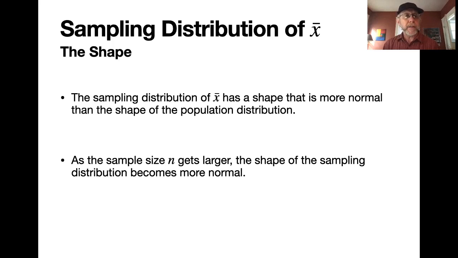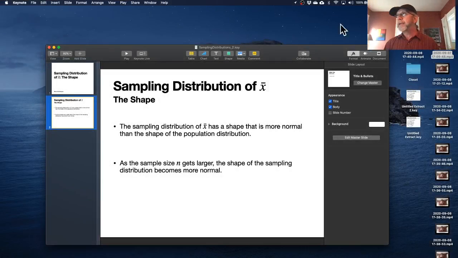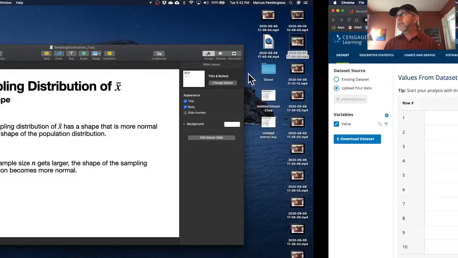The second fact is that as the sample size gets larger, the shape of the sampling distribution becomes ever more normal. So as the sample size increases, the sampling distribution shape just tends to become more and more normal in character. So let's take a look at some data that bears this out.